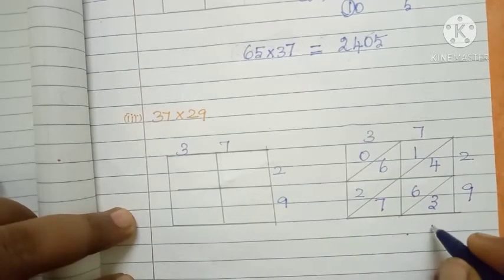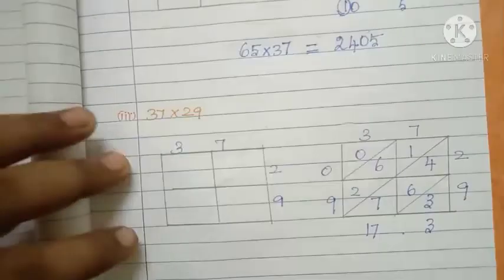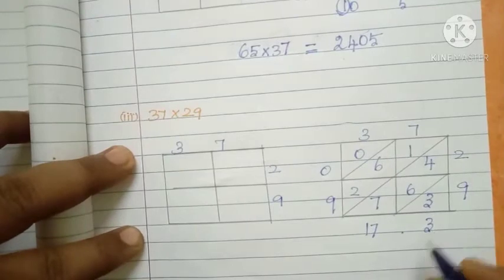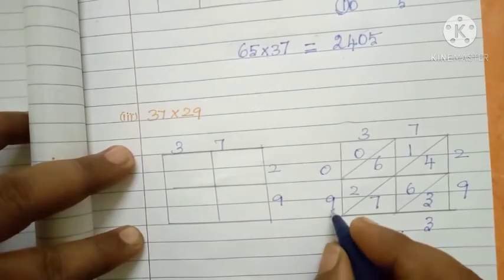Then you add and get 3. The next one, the diagonal. Finally you add and get 3, 7, and 1 is given to here.